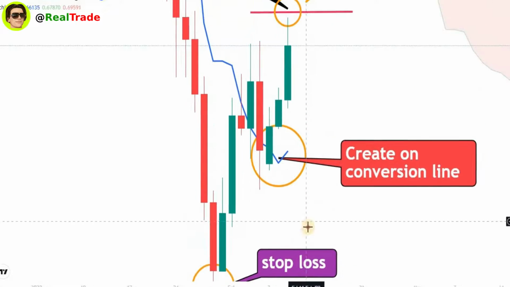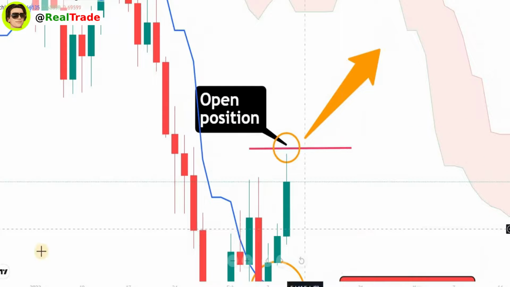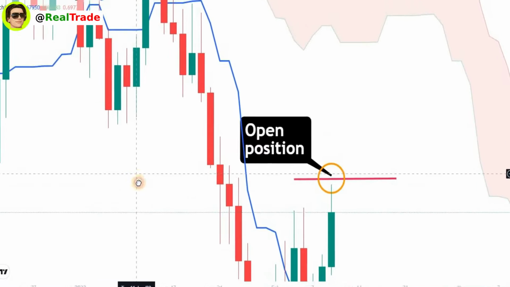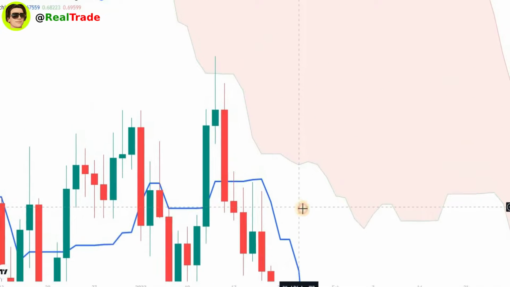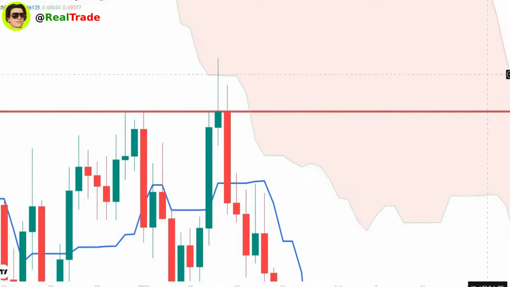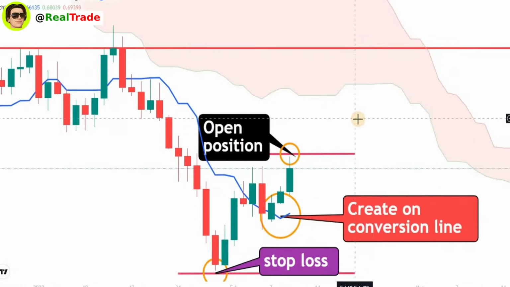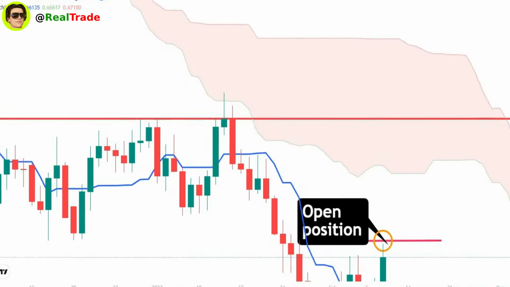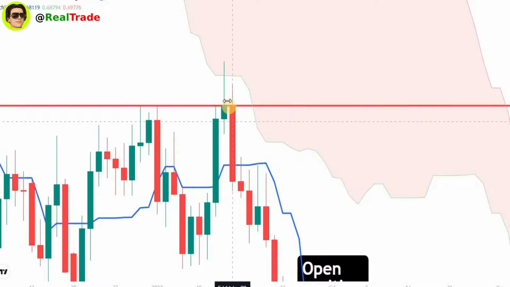And next stop, next resistance is the best profit. This area. Look at the mouse, look at the zoom. Look at the chart. This area is profit.